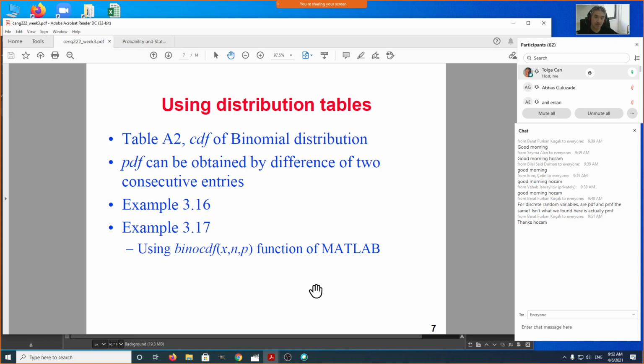We'll see an example of that, and for that we have to be very careful about these boundaries. We may need to do some correction if the probability that we're asked is about these boundaries. We shouldn't forget that discrete variables are always there. The CDF is like a step function, always non-decreasing. But their PMFs may be decreasing or increasing, but they are not continuous. We should take that into account when we are solving these.